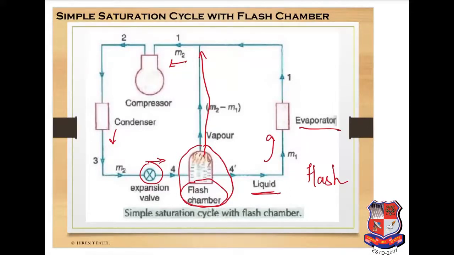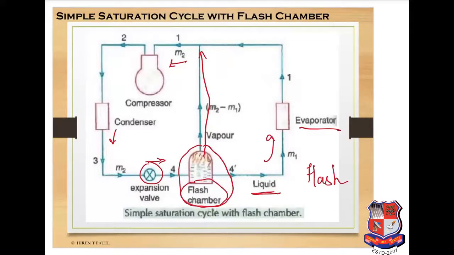So the system does not have to do more work. The flash chamber is an insulated container and it separates the liquid and vapor due to centrifugal effect. So the mass of the refrigerant passing through the evaporator reduces.